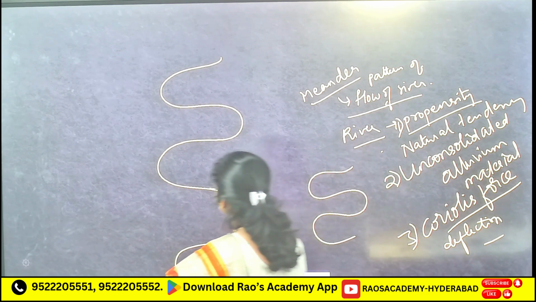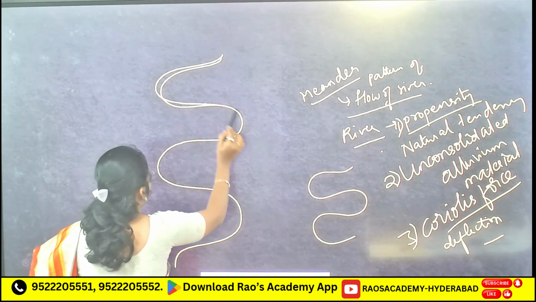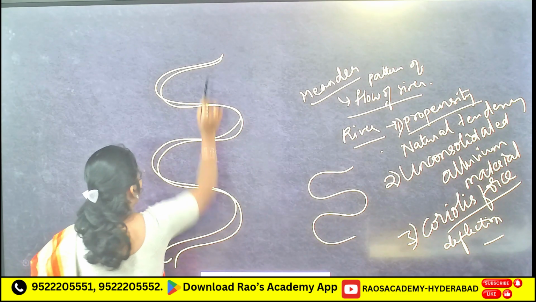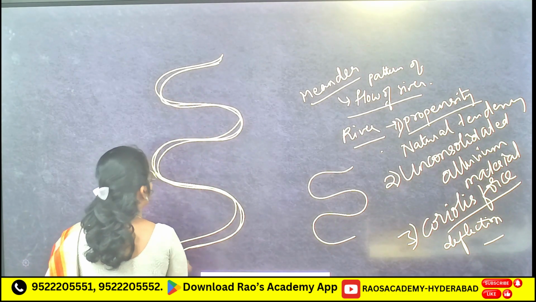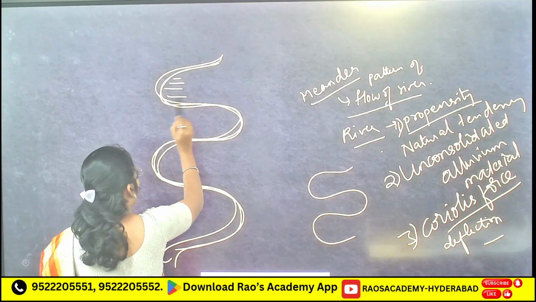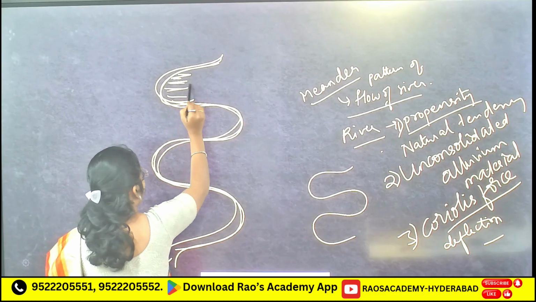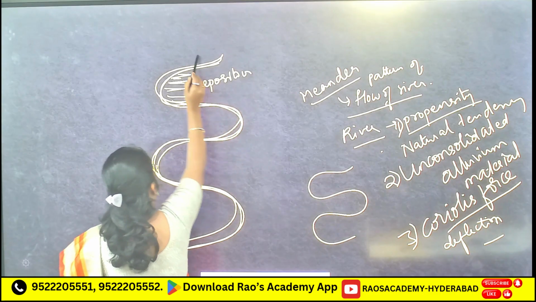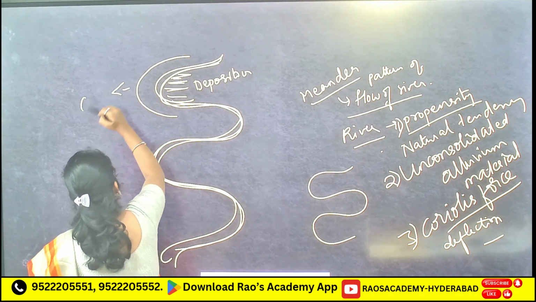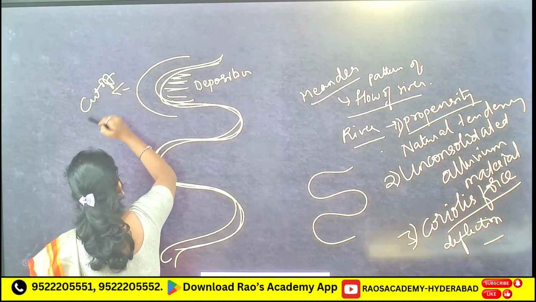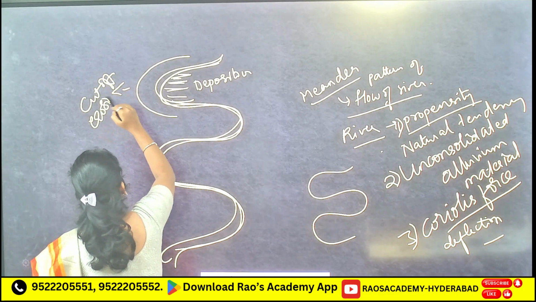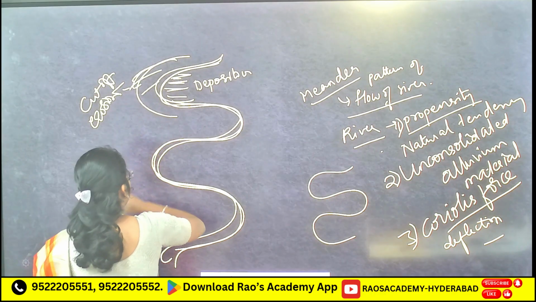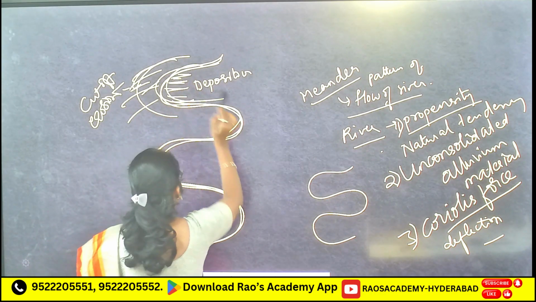Now when the river is flowing continuously, what will you see? Inside on the concave side you will see deposition. Here you will see cut off, erosion. On the convex side erosion is happening, and on this side deposition is happening.